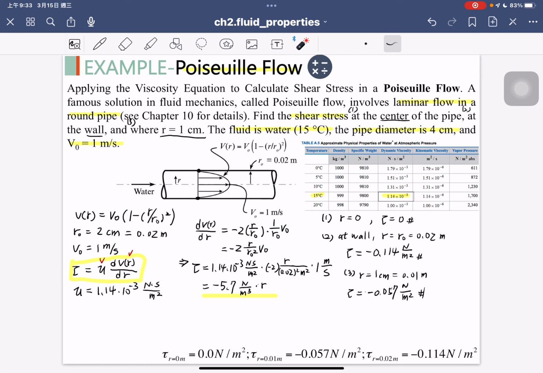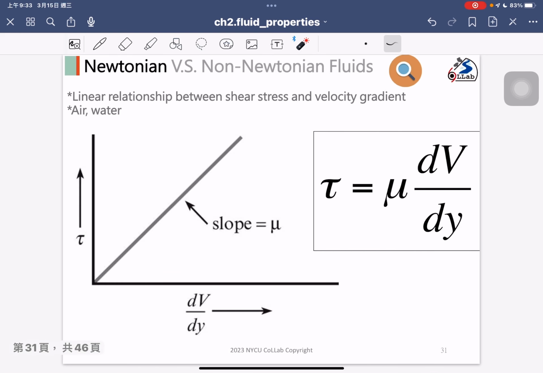Okay, so this is the normal procedure in the future when we have some hydraulic problems. We're trying to figure out how large the shear stress we have in our conditions. So the sequence is a very important property when we apply the viscosity equations.